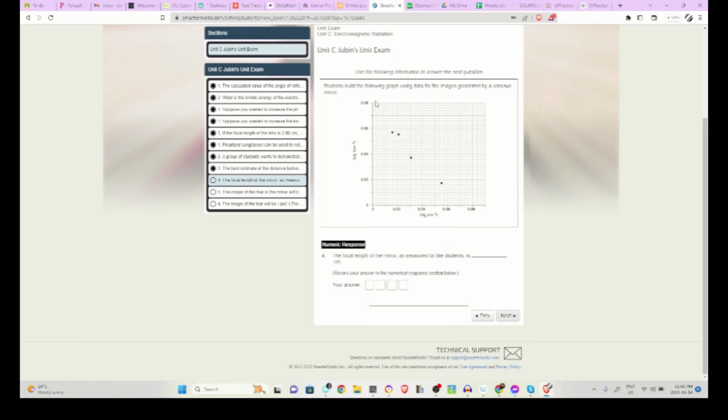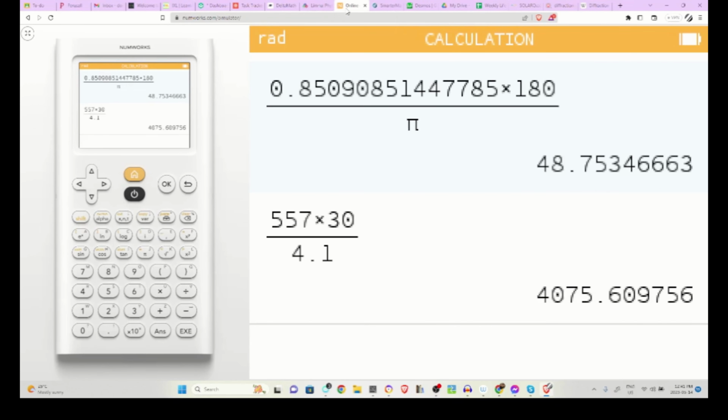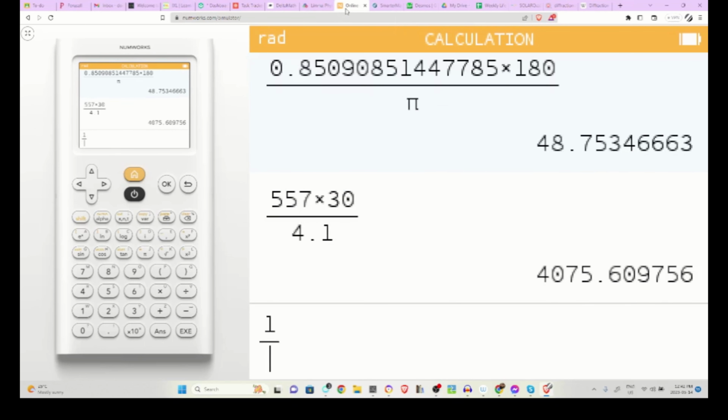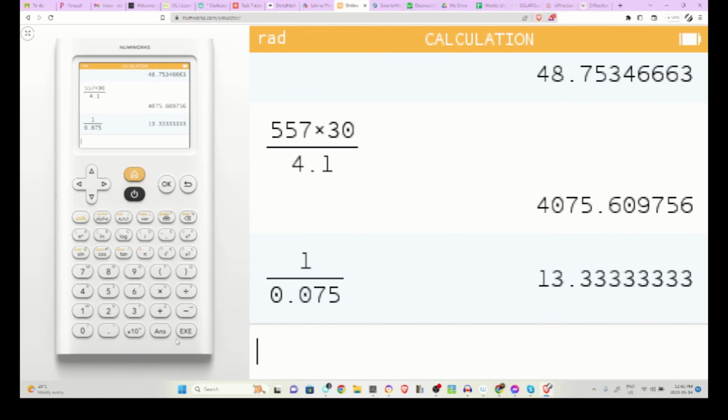And that looks like it's coming in about 0.075, just roughly speaking. So if we have 1 divided by 0.075, we get about 13.3.